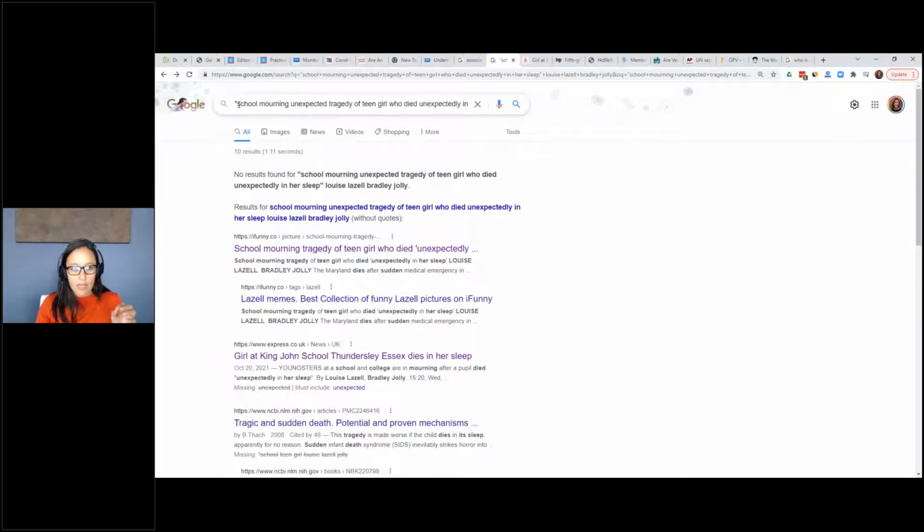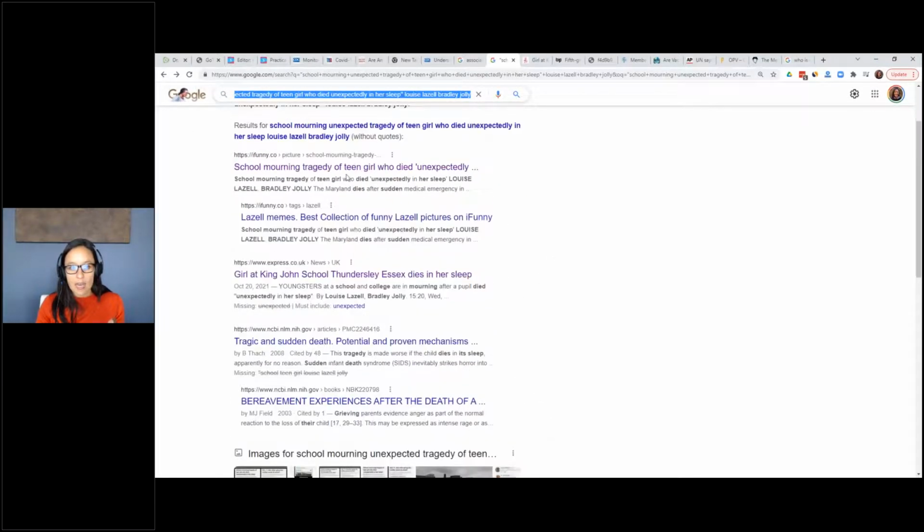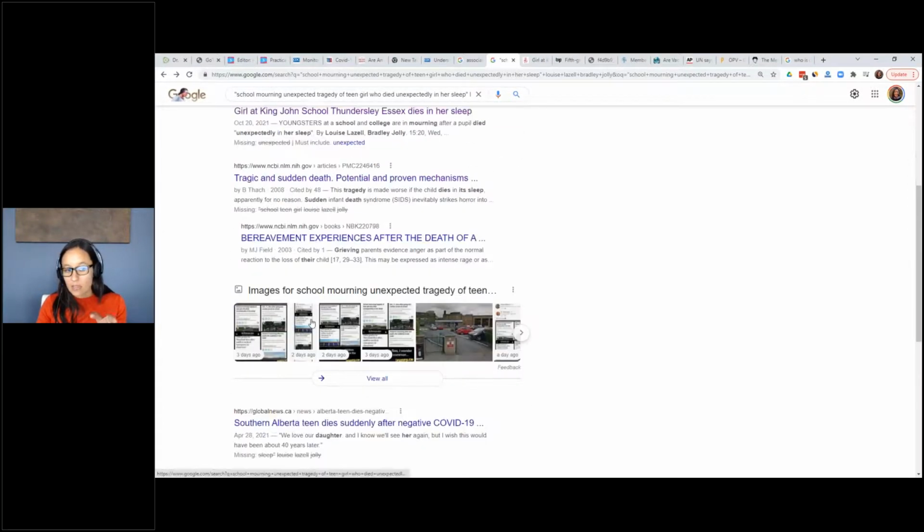I literally took the title and put it in quotes: "School morning unexpected tragedy of teen girl who died unexpectedly in her sleep," and I put the names of the authors in there. What was interesting is that the only exact results I could find were other memes, and then this same meme and images.